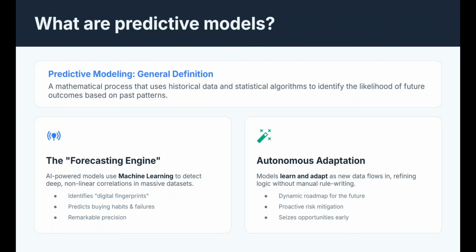As new data flows into the system, the model continuously refines its internal logic, improving its accuracy over time without requiring a human to manually rewrite the rules. This transforms data from a stagnant record of the past to a dynamic roadmap of the future, which enables organizations to shift from a reactive wait and see posture to a proactive strategy that mitigates risks and seizes opportunities before they fully manifest.